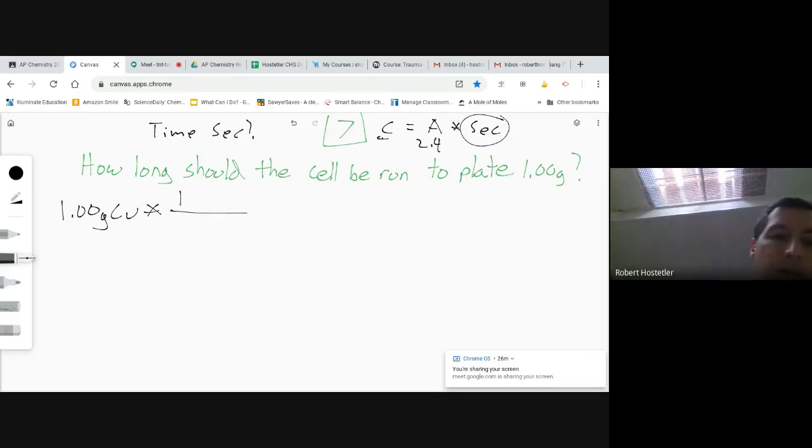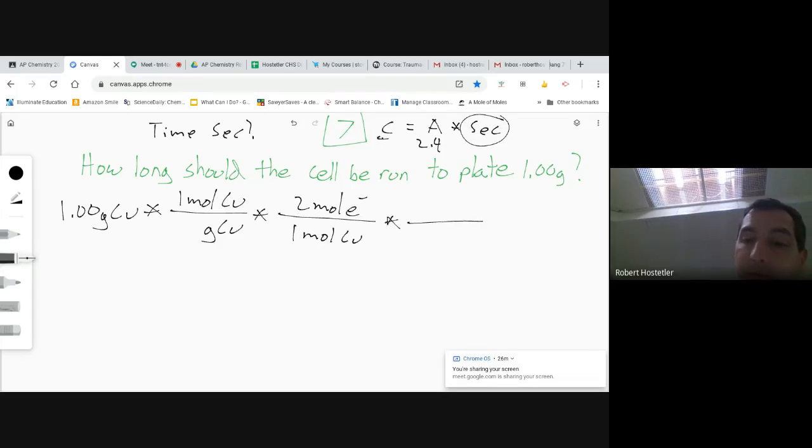We need to divide by the molar mass of copper. Then, since it's still copper, we know that for every 1 mole of copper, there were 2 moles of electrons. And that every time I had 1 mole of electrons, that is equal to 96,485 coulombs.